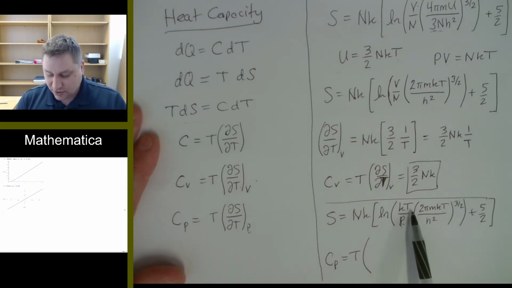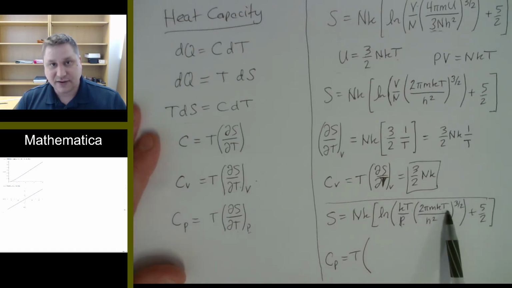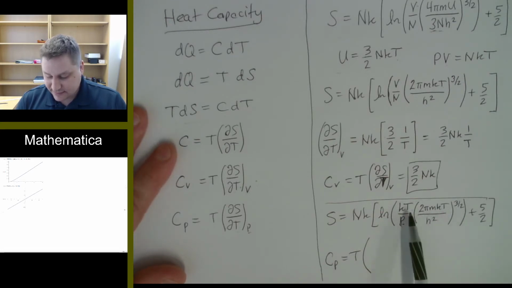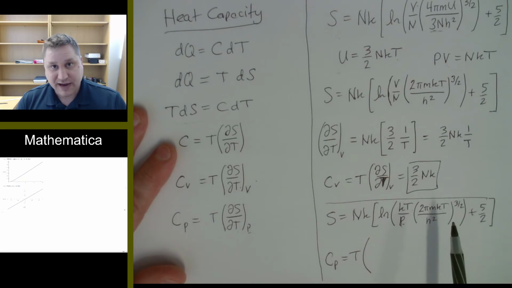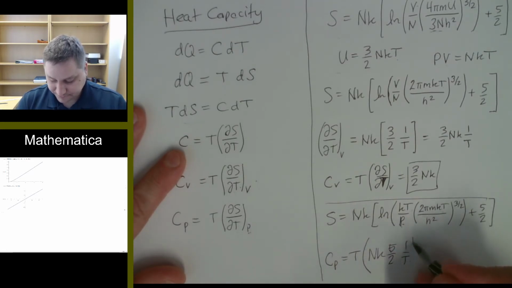So if I look at the total presences of temperature in here, I've got T here and the T to the 3/2 that came from U. So the argument of this natural log is dependent on T to the 5/2 power, 3/2 plus 1. So when I do my derivative here, I'm going to have the nk, the 5/2, and the 1 over T.